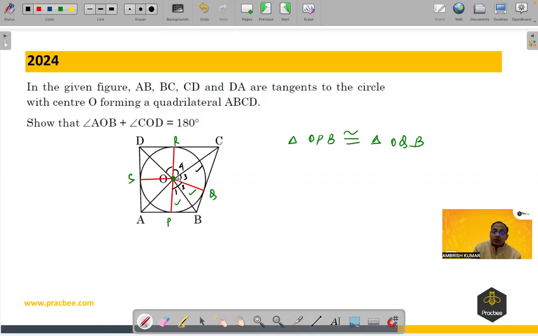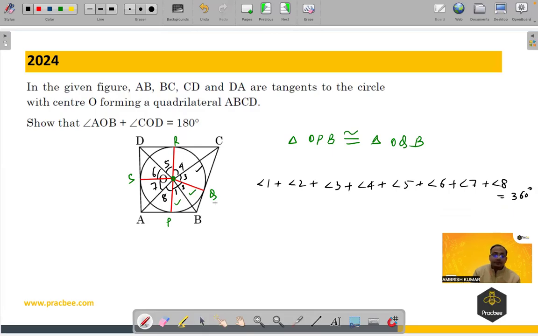Similarly, ORD is congruent with OSD, so angle 5 equals angle 6, and in the same manner, angle 7 equals angle 8. Now you know angle 1 plus angle 2 plus angle 3 plus angle 4 plus angle 5 plus angle 6 plus angle 7 plus angle 8 is one complete rotation. It has to be 360 degrees, right?